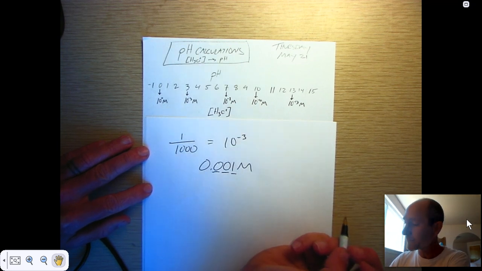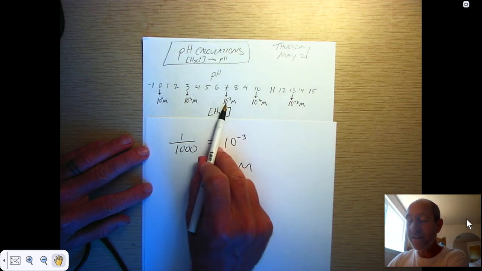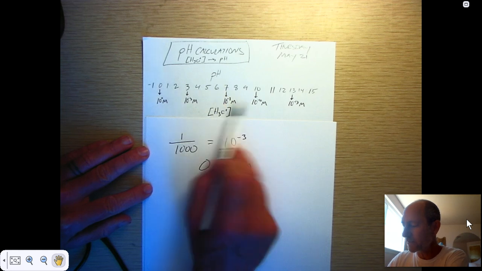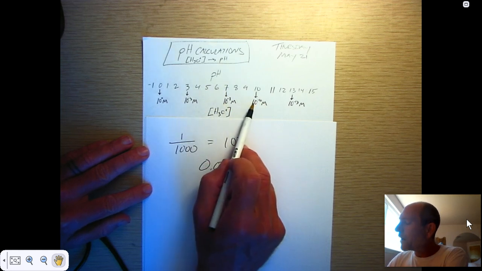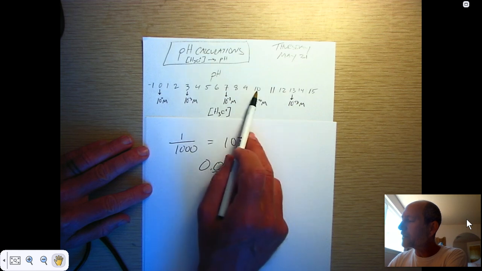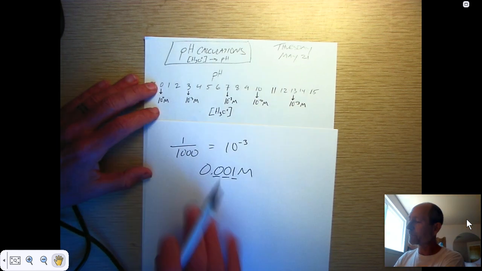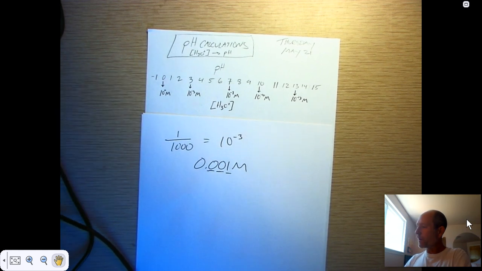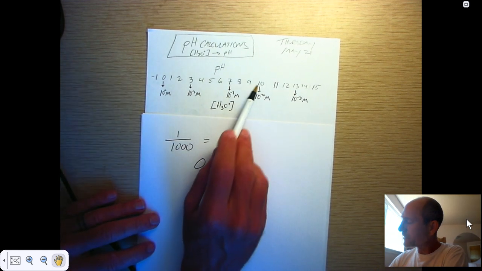Isn't that nice? So 10 to the -7th molar would be a pH of 7, and that's neutral. That's pure water, has a concentration of 1/10 millionth molar. Yes, hydronium. 10 to the -10th would be pH of 10, and so forth. Sound good? So how do we get from this number to this number?